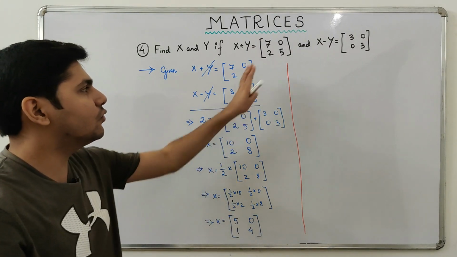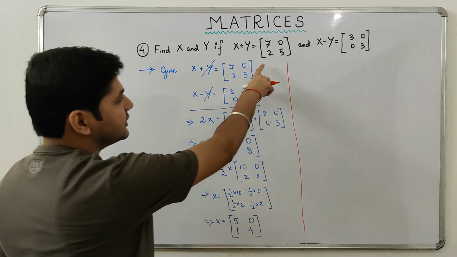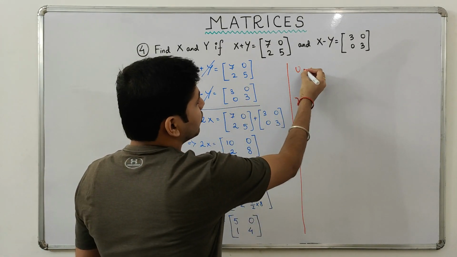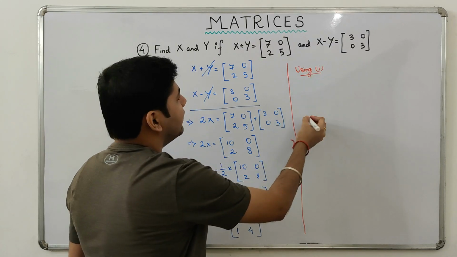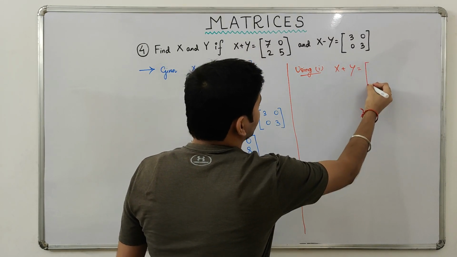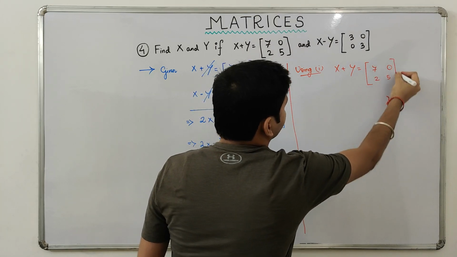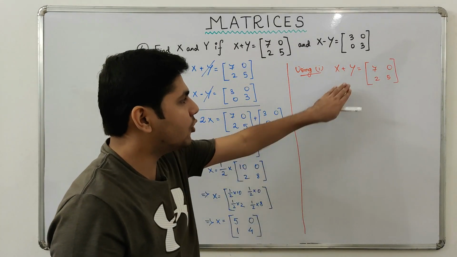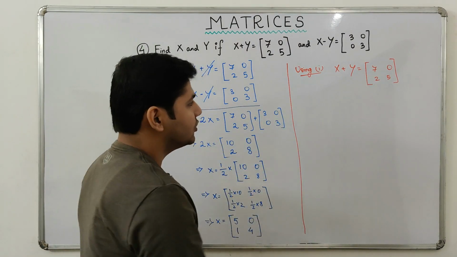So we will use one of the two equations to find the value of y. Let's use equation 1. So using 1, we have x plus y is equal to 7, 0, 2, 5. Now what we will do is, we will put y on one side and this matrix and x on the other side. So what do we get?